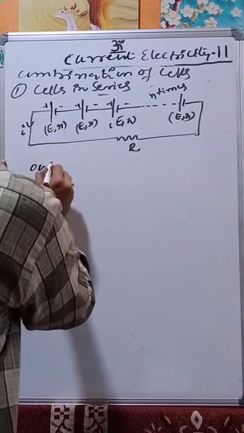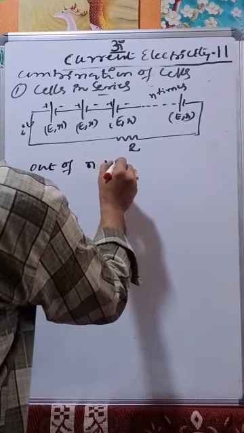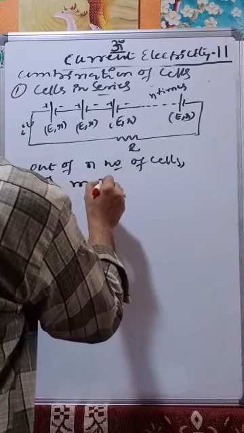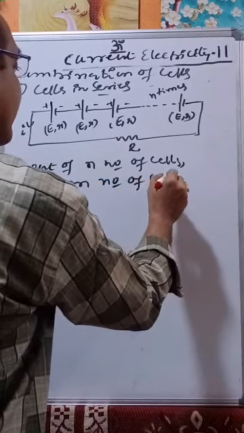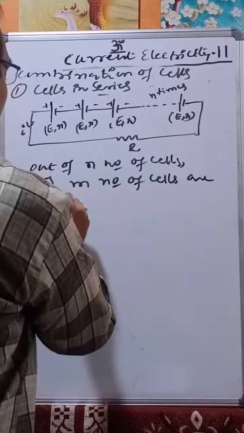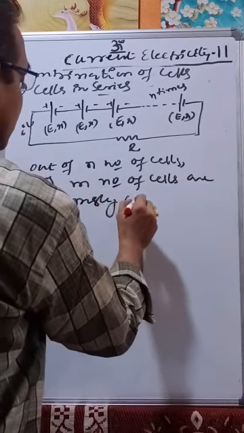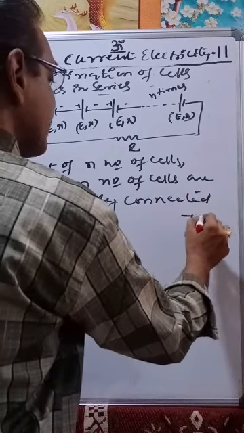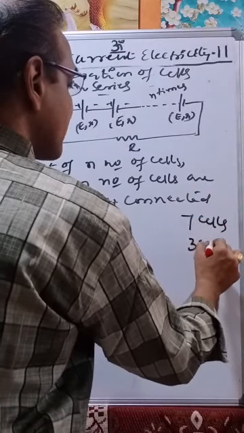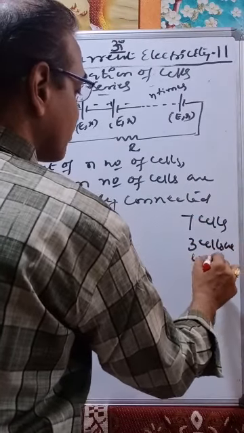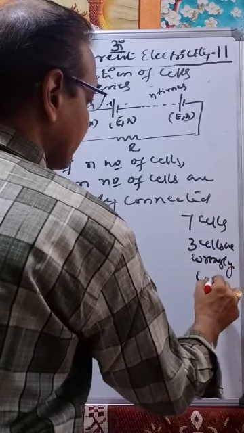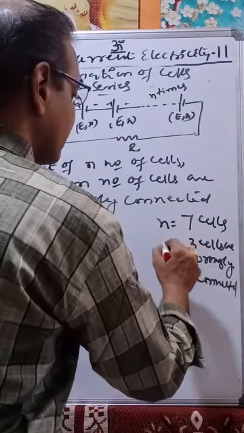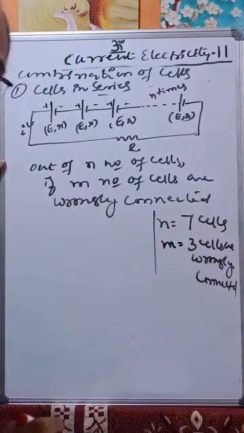That means, out of 7 cells, 3 cells are wrongly connected. So n is equal to 7, m is equal to 3.